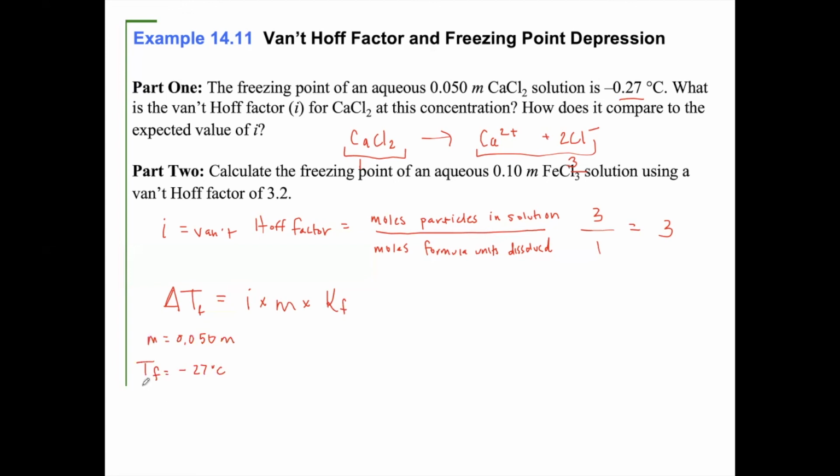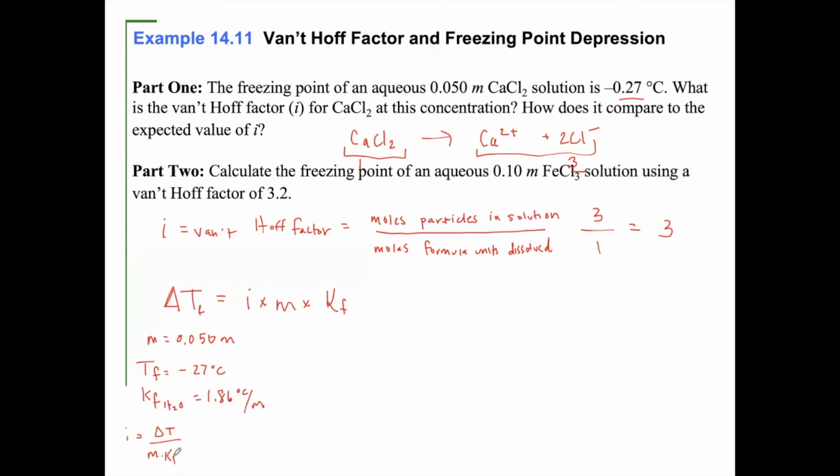And then the constant. This is for water, because remember, water is the solvent. This is an aqueous solution. And now we need to find i. So let's just rearrange this formula and solve for i. So i is going to be delta T over the molality times the constant.